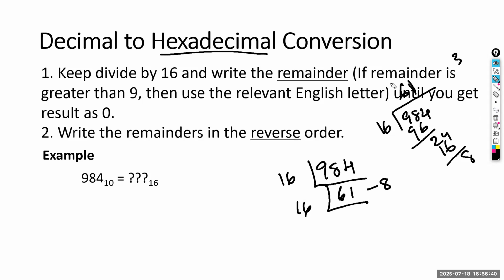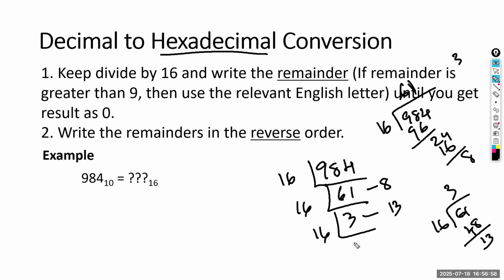Divide 61 by 16: 3, and 13 remains. And obviously when 3 is divided by 16, 0 and 3 remains.